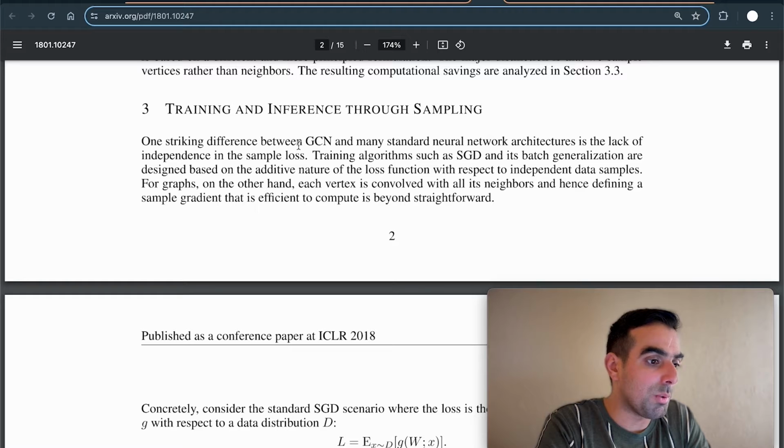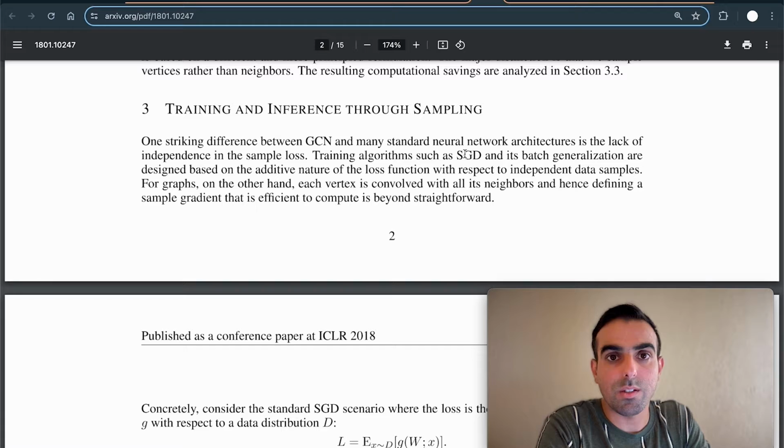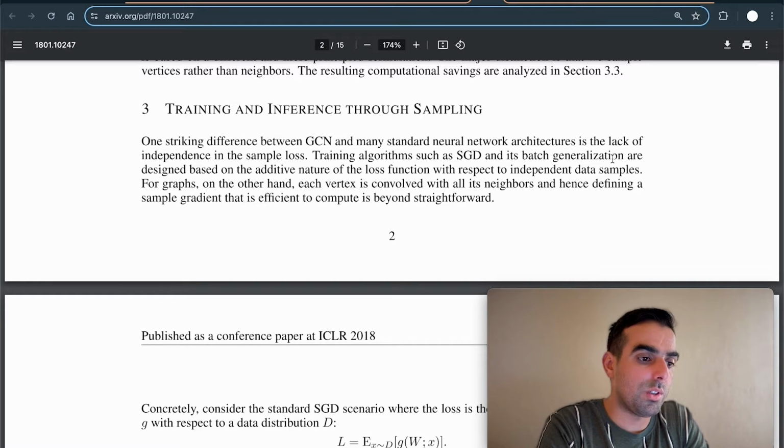One striking difference between GCN and many standard neural network architectures is the lack of independence in the sample loss. Training algorithms such as SGD, stochastic gradient descent, and its best generalization are designed based on the additive nature of the loss function with respect to independent data samples.